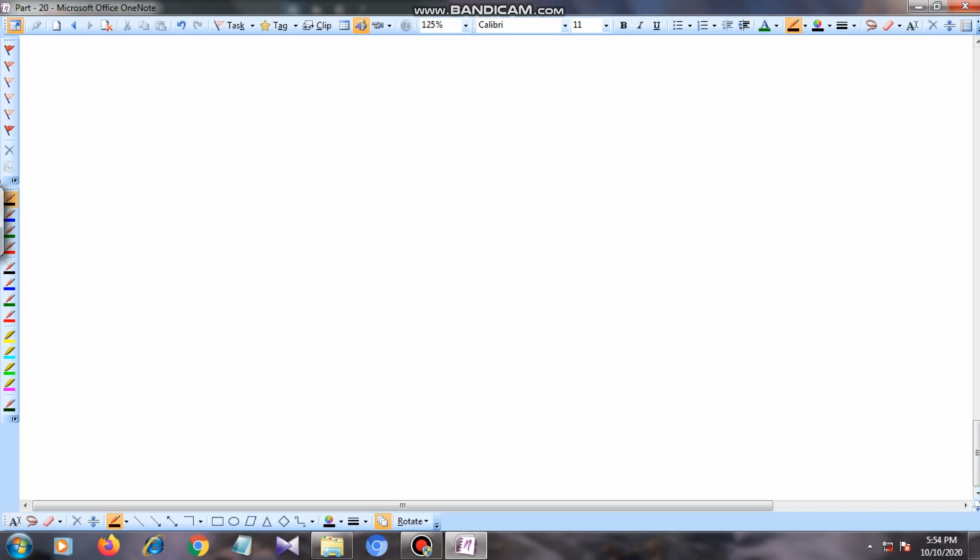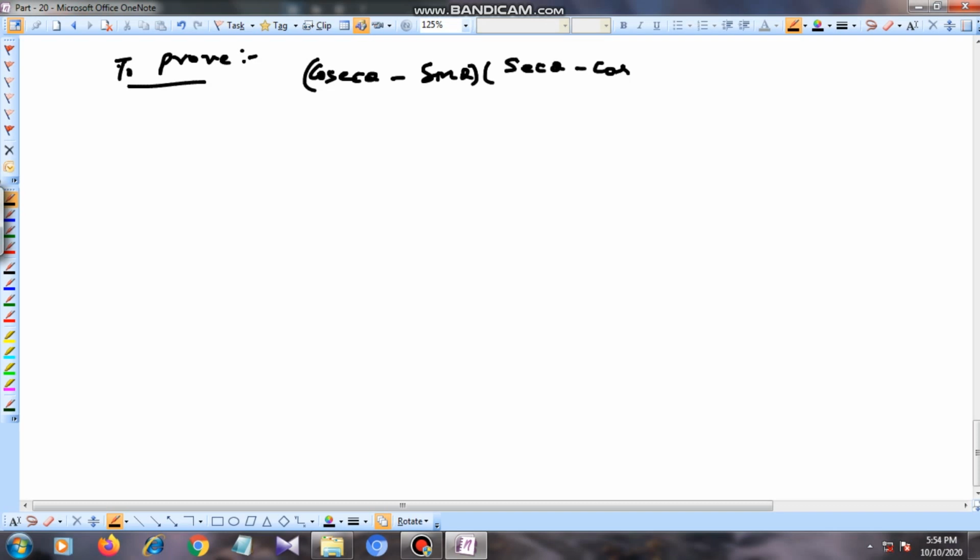Now our next identity is: prove that (cosec theta minus sin theta) into (sec theta minus cos theta) equals 1 upon tan theta plus cot theta.